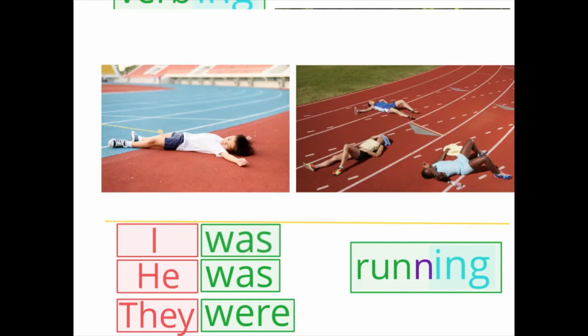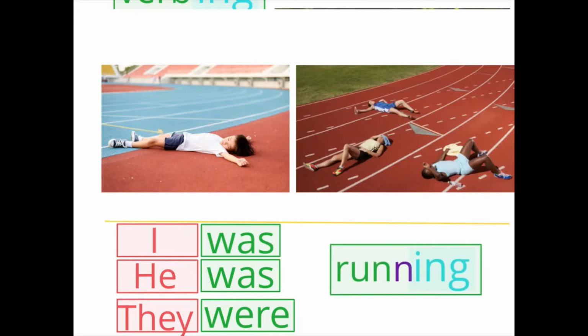For I, we use was. For he and every other person, place, or thing that is just one, we use was. For everything that is more than one, and for the word you, we use were. And was and were are used to say that we are all finished. So we are not running anymore. This is called the past tense.